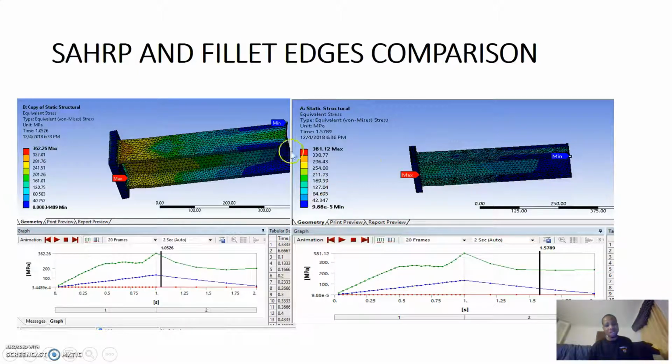So that still tells us that sharp edges matter a lot. We don't need to have them. We have to cancel them out if we want a less critical induced condition. You can see this is 318 and this is 362. The difference is very clear, and we don't want that. So we have to avoid sharp edges in our system.